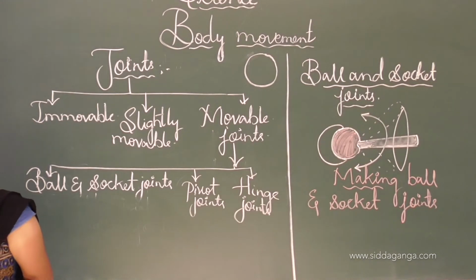Pivot joints: these types of joints have the rounded surface of one bone.